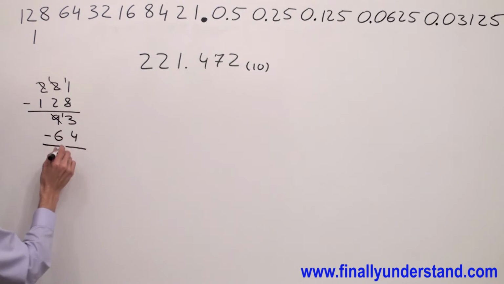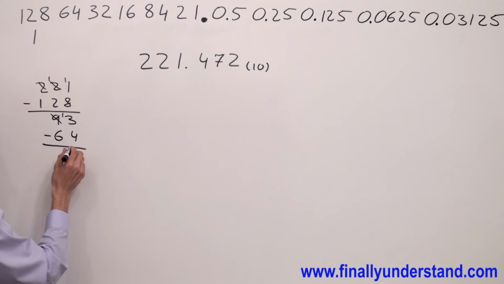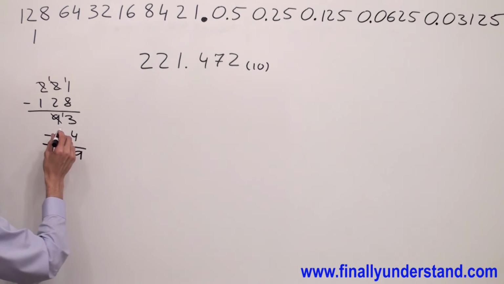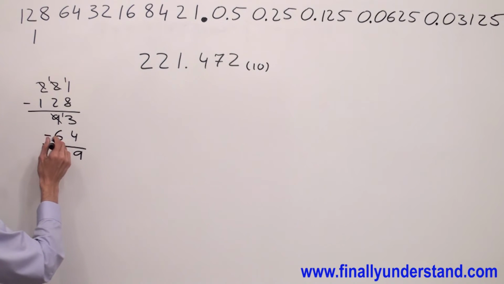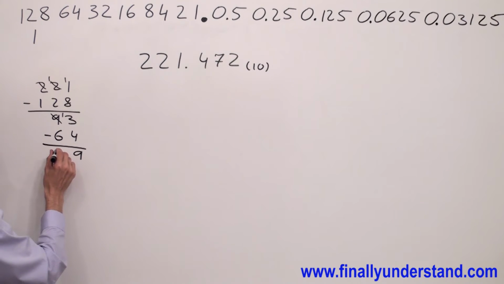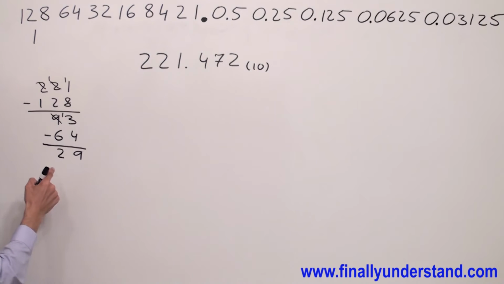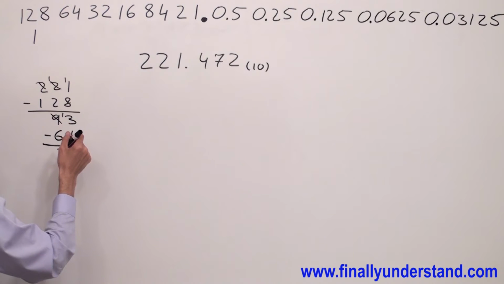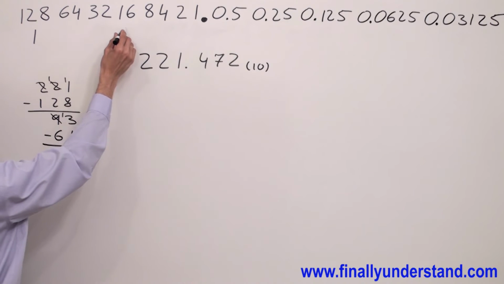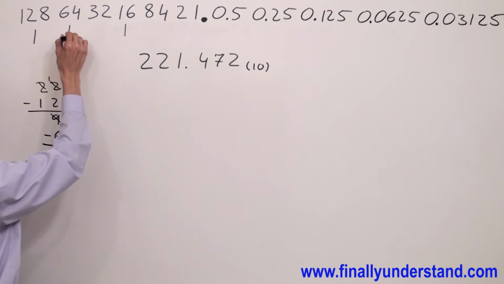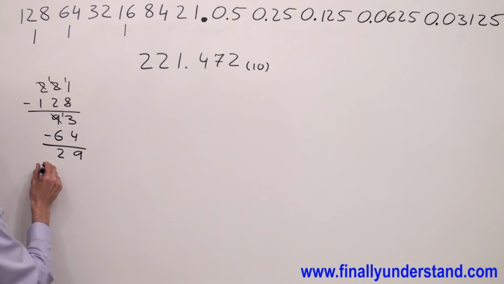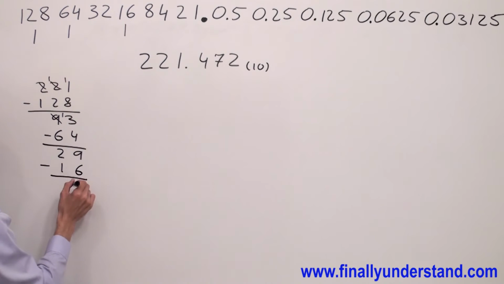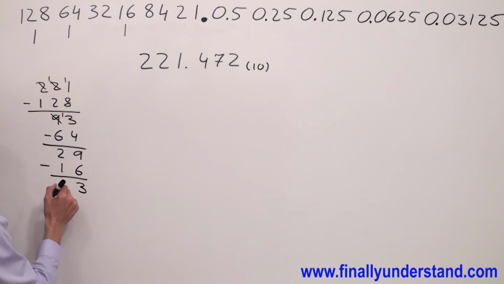Borrow 1, 13 minus 4 is 9, and 8 minus 6 is 2. The highest number which I can subtract from 29 in this case is going to be 16. We subtract. 9 minus 6 is 3, and 2 minus 1 gives me 1.